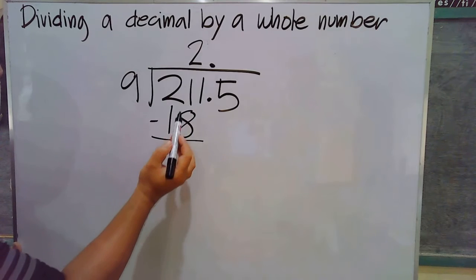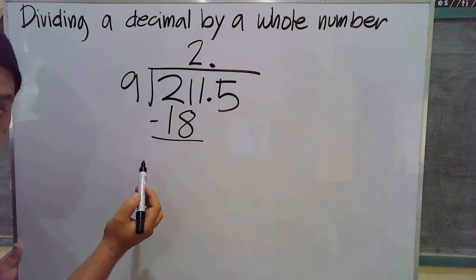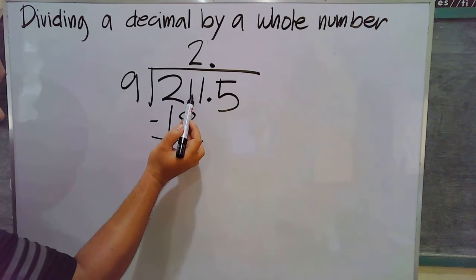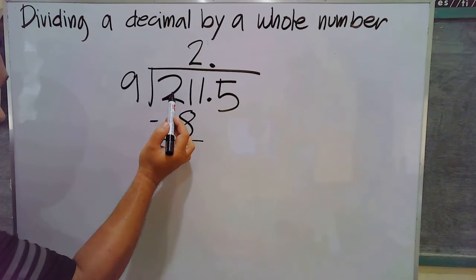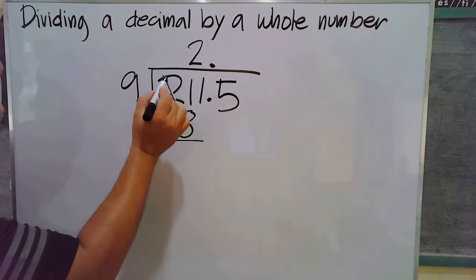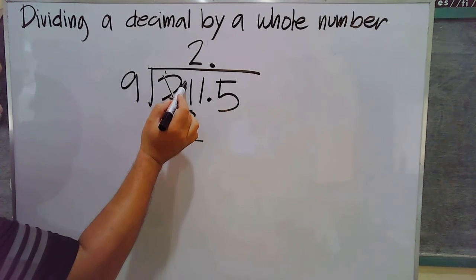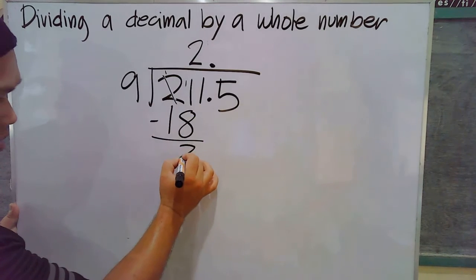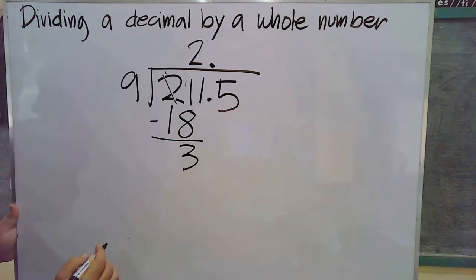So 1 here, for us to be able to subtract them, must borrow 1 from 2, the next digit. So 2 here will become 1, and 1 will become 11. Now, 11 minus 8 is 3. And 1 minus 1 is 0.